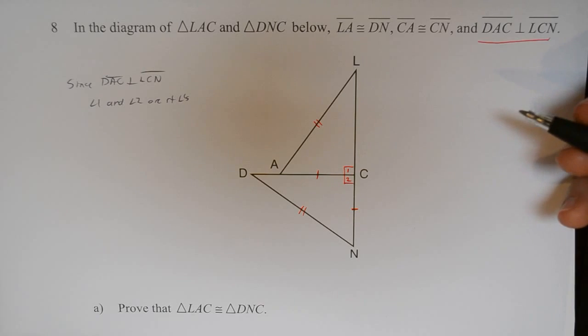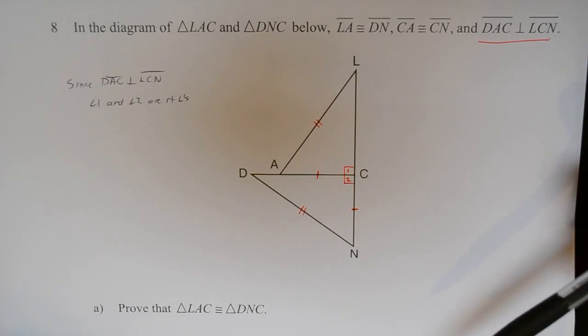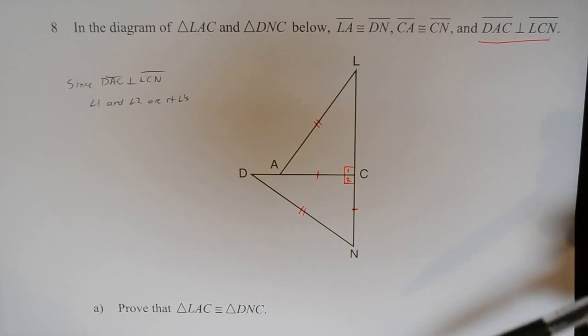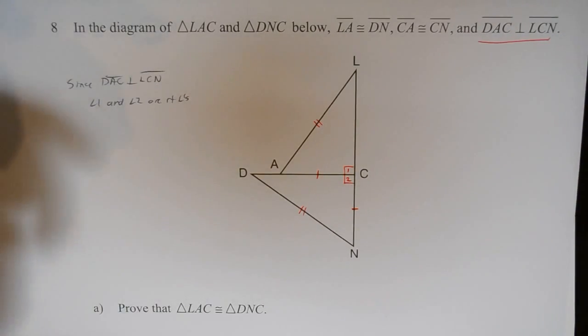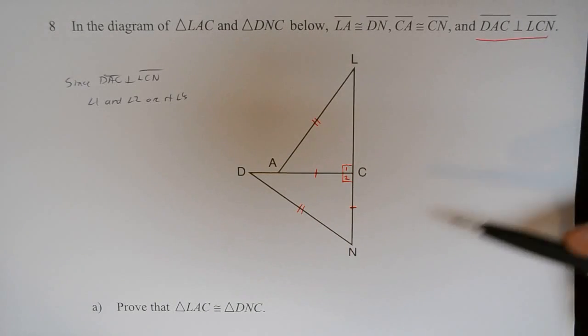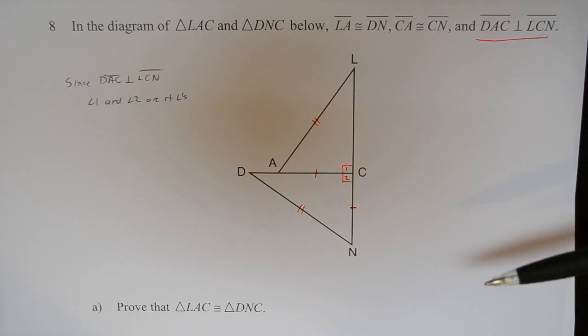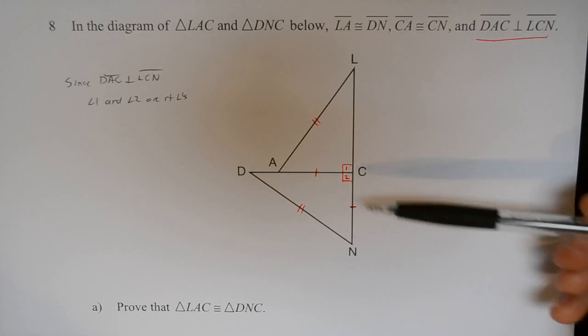I actually don't, because I'm looking at this pair of triangles and I'm thinking about what kind of triangle congruence I'm going to have. If it's side angle side, or angle side angle, or angle angle side, then I'm going to need to say that these angles are congruent so I can use them in that type of proof. But looking at this, I don't see side angle side or angle side angle. What I see is side side angle, right?